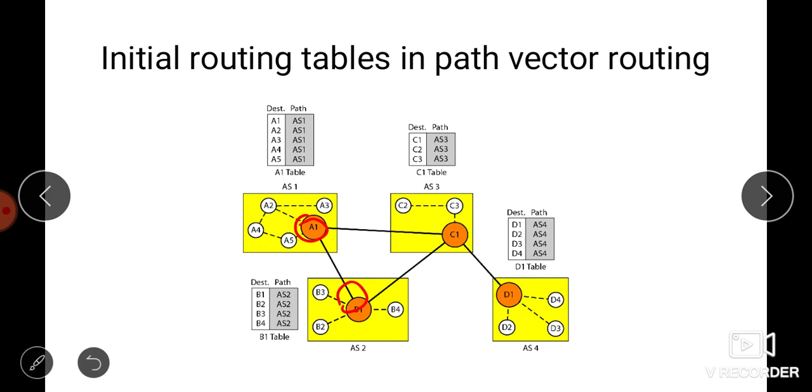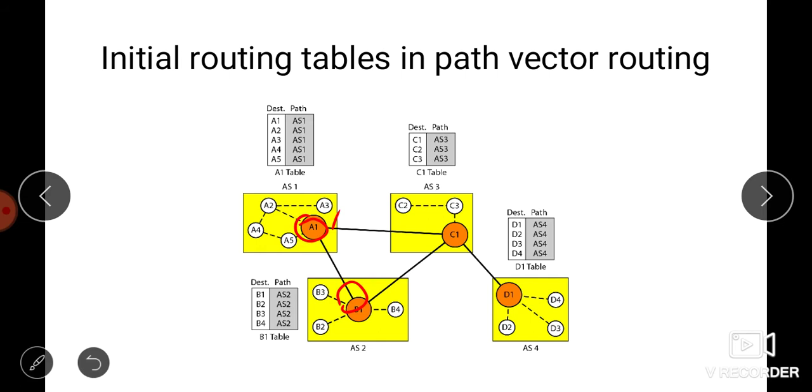If A1 receives a packet for node A3, it knows that the path is in AS1, that A3 is in its own autonomous system.